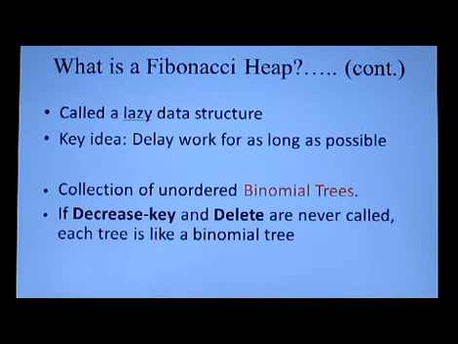What is a Fibonacci heap? A Fibonacci heap is called a lazy data structure, since it delays work for as long as possible. It's a collection of unordered binomial trees; if decrease key and delete are never called, each tree is like a binomial tree.